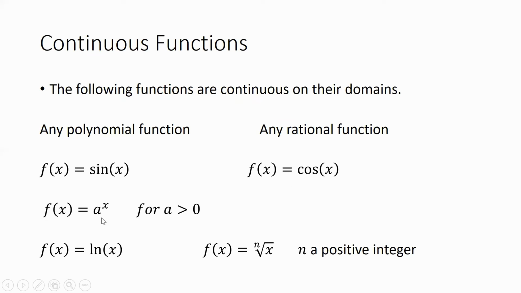Any exponential function is continuous as long as our base is above 0. The natural log is continuous on its domain. And then the nth root of x is continuous on its domain. So lots and lots of classes of functions are continuous.